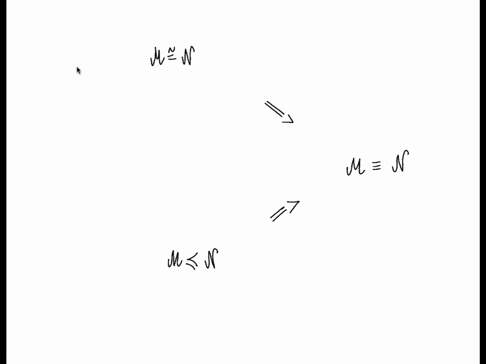So for example, look at two structures. One is the natural numbers with the less than relation, and the other structure is the natural numbers where we take out 0 and also look at the less than relation. These two structures are obviously isomorphic if we map n to n plus 1. But now we could look at the formula with one free variable, phi of y, being not exists x, x less than y.